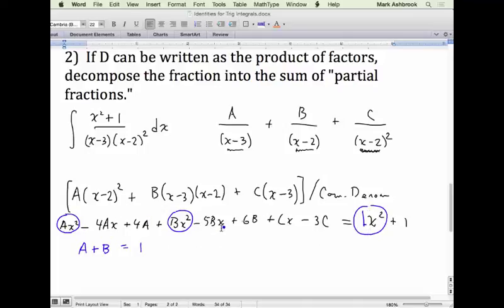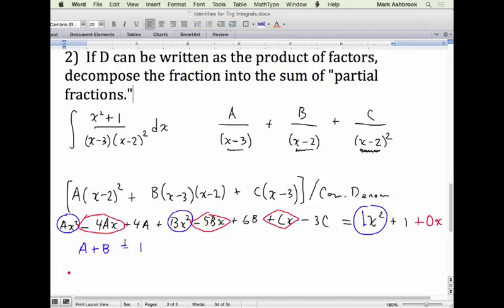We'll do red for the x terms. Minus 4AX minus 5BX plus CX. Any more x terms? Okay, and how many x's do I have over here? 0x. That's my red. There's no x over there.